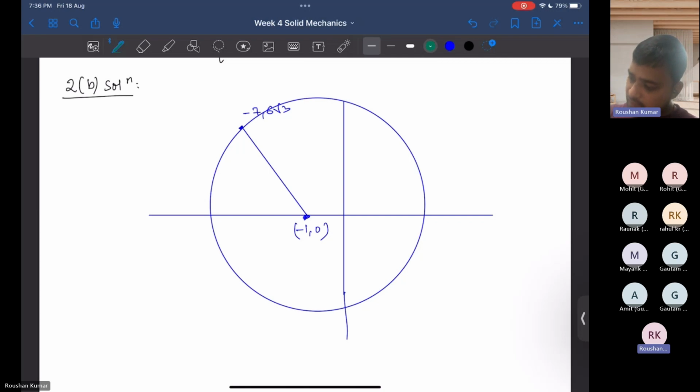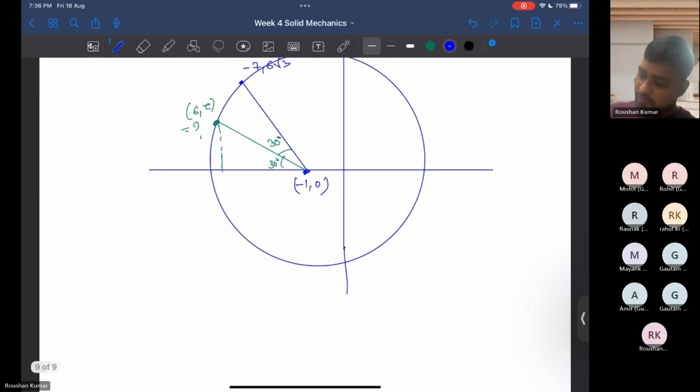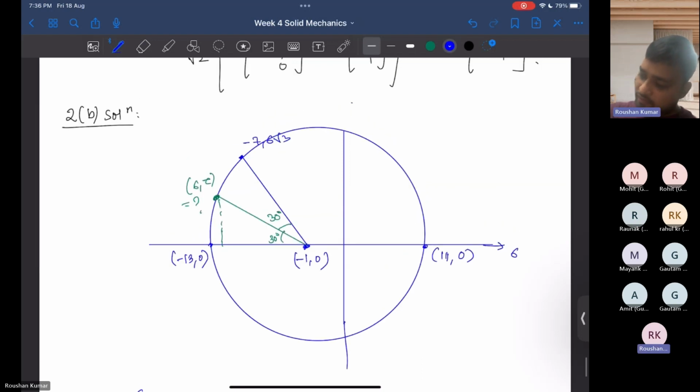And in the question it is mentioned that 30 degrees counterclockwise from the x-axis. So this is 30 degrees, this also becomes 30 degrees, and we have to find here what is the sigma and tau. So sigma is given by, this is nothing but -13, 0, this is 11, 0, this is the sigma value, and this is the shear stress value, tau.